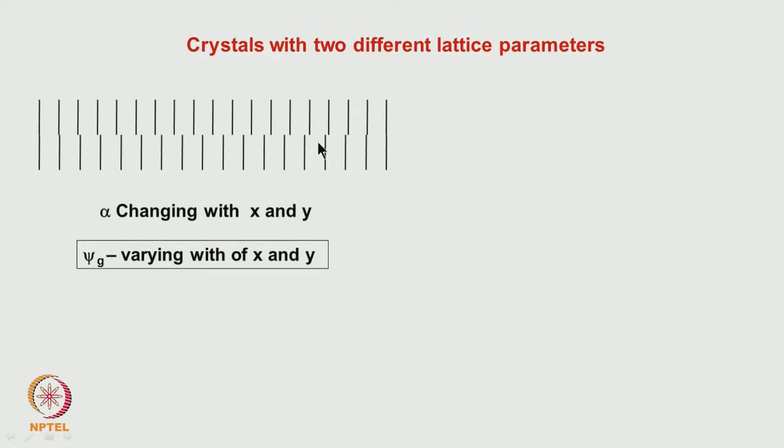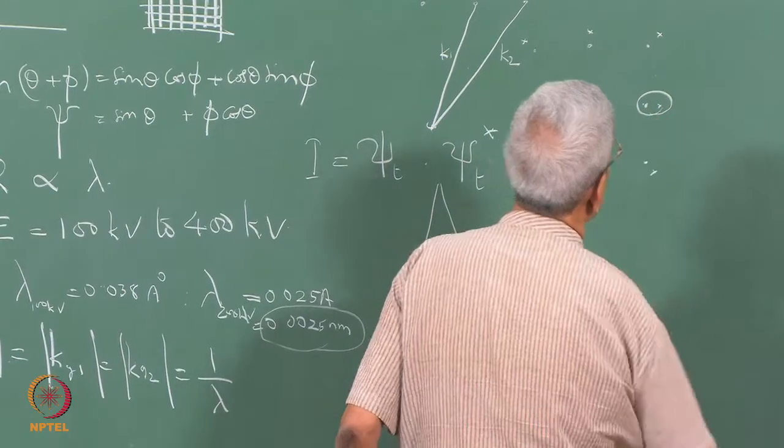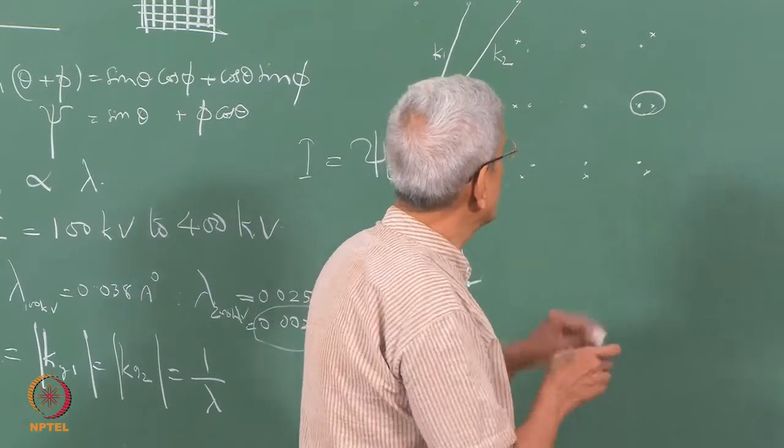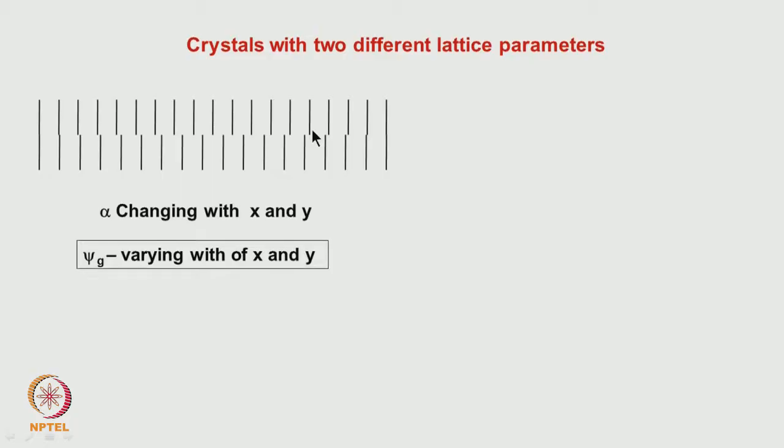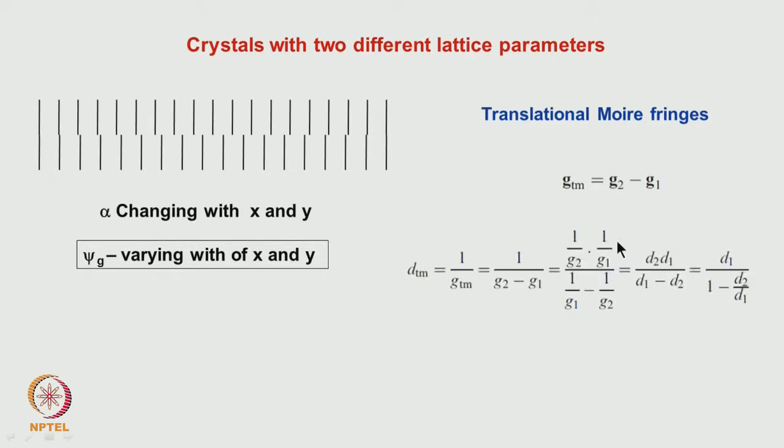If we put an aperture around these two spots, and then just like what we have talked about in the phase contrast microscopy theory, they will give rise to a fringe pattern, the beat pattern. Okay. These are called translational Moiré patterns.